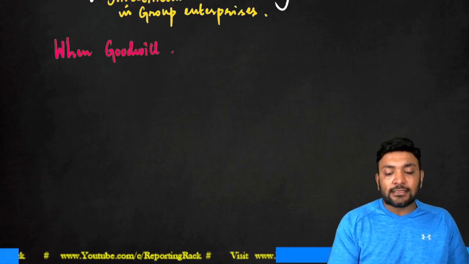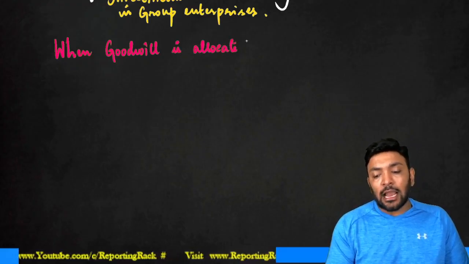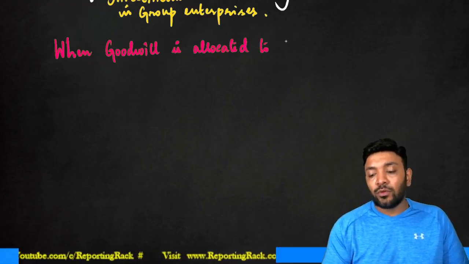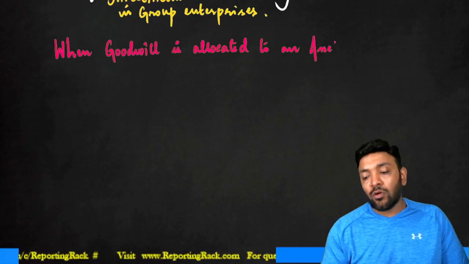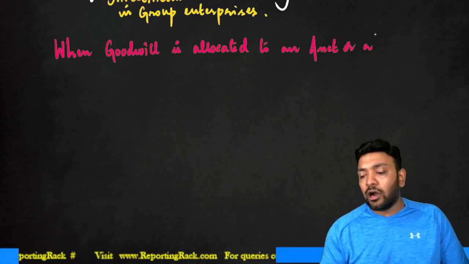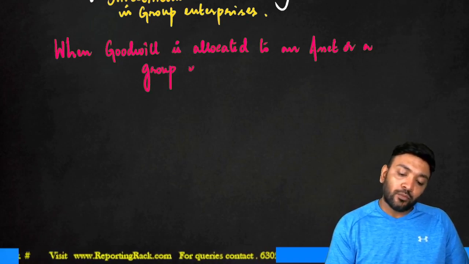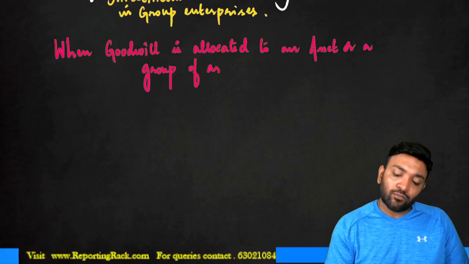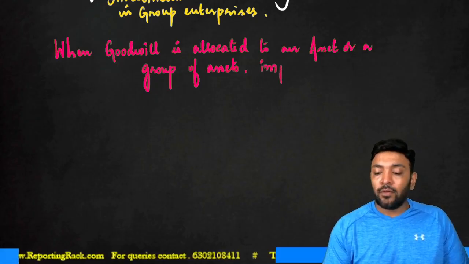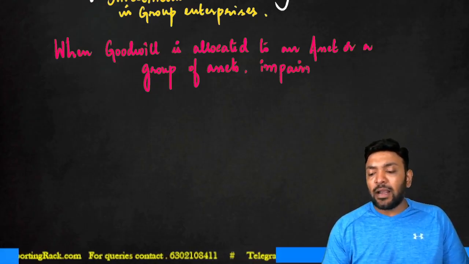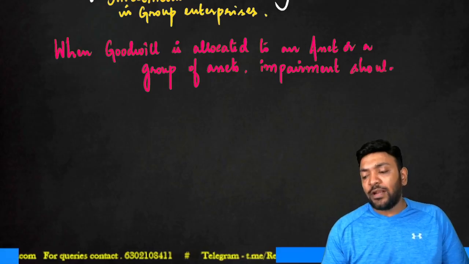When goodwill is allocated to an asset or a group of assets, impairment should be tested.